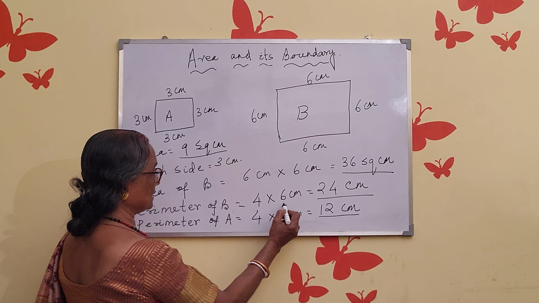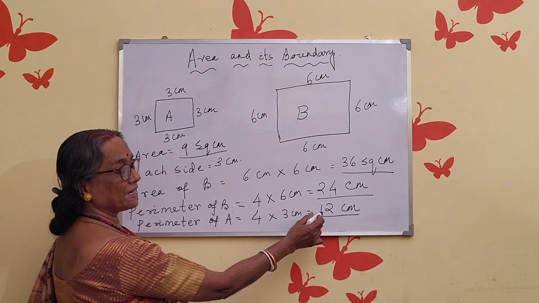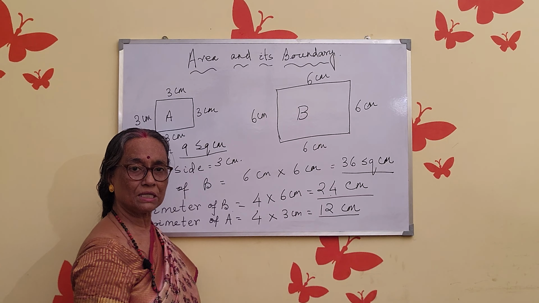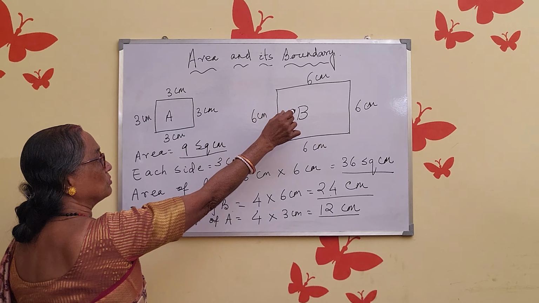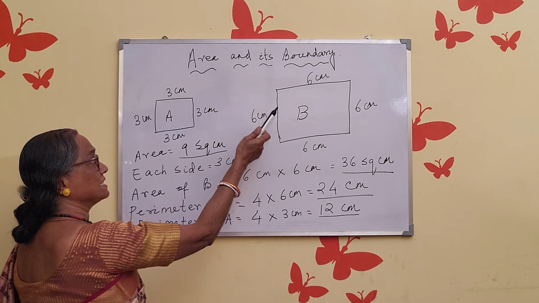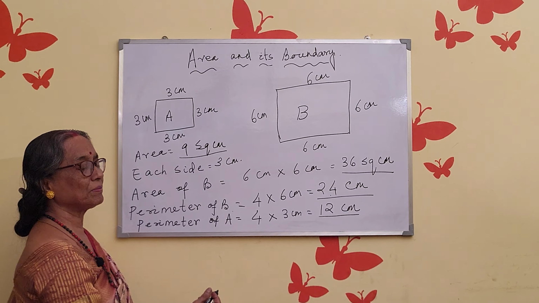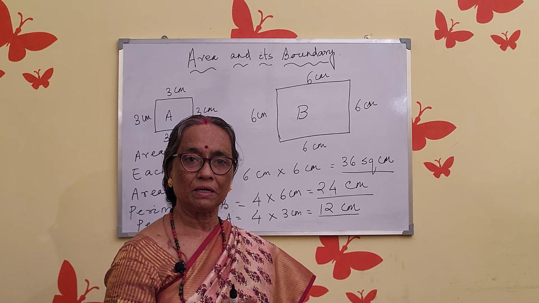Perimeter of B is 24 centimeter whereas perimeter of A is 12 centimeter. What is the relation between 12 and 24? That is 2 times more. So perimeter is 2 times more whereas area is 4 times more. Okay, in this way you have to find out the area and perimeter of different shapes.